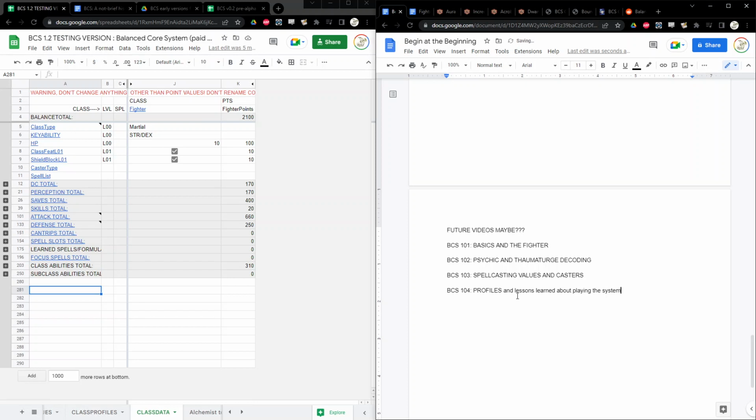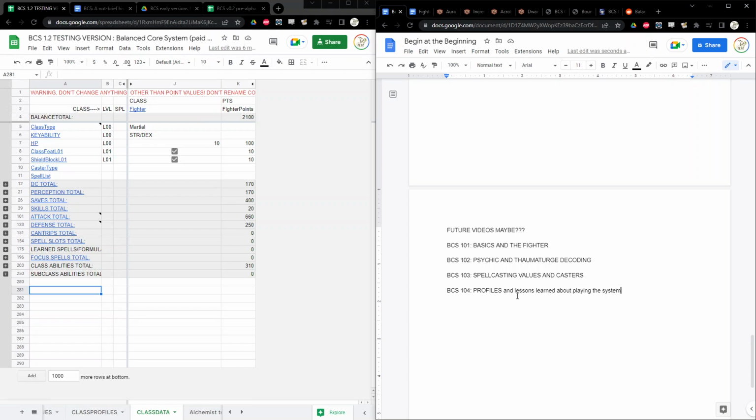Basically, when I play and look at anything, when I just picked up the recent Psychic and Thaumaturge final book, I look at it through a lens now, the BCS, and I see things that you wouldn't see otherwise. You see the way things connected, the way things are built on each other, and you see the boundaries of the system, and you learn lessons about how to make better characters.